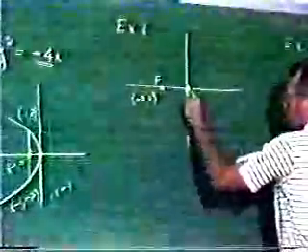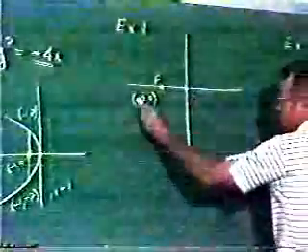All right, let's continue then looking at example 1. Example 1 says, write the equation of the parabola whose vertex is at the origin and focus point is at -3, 0. That's all we're given.